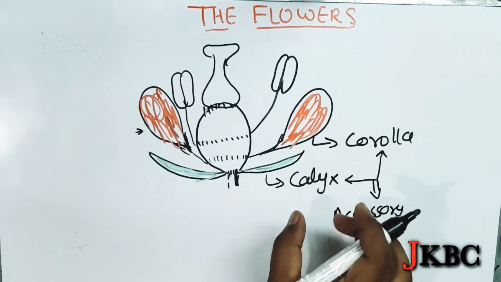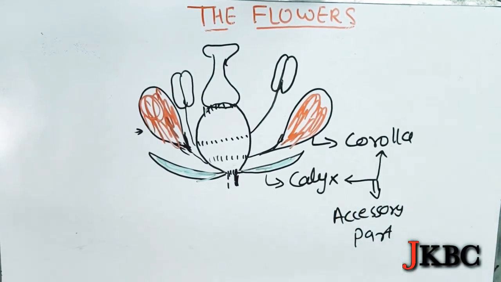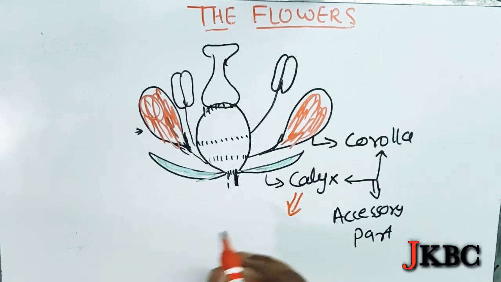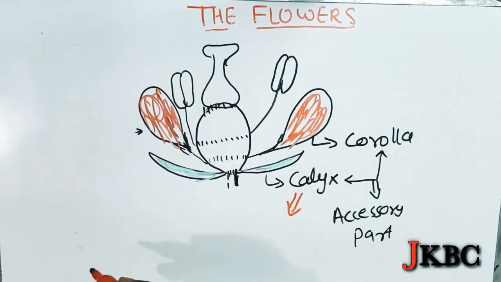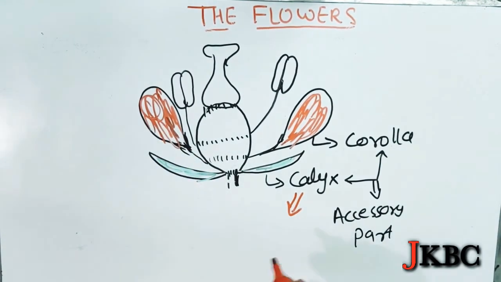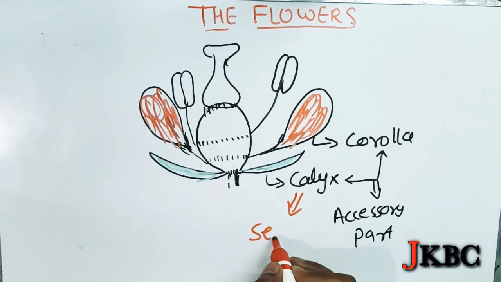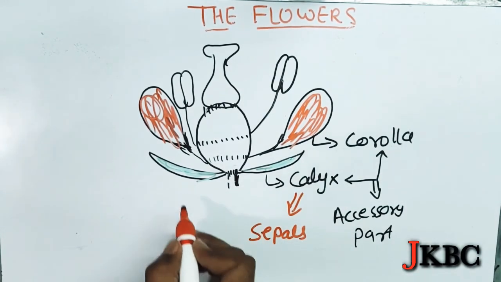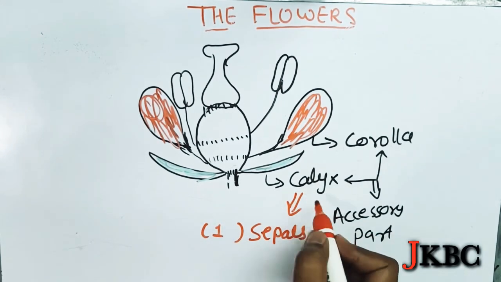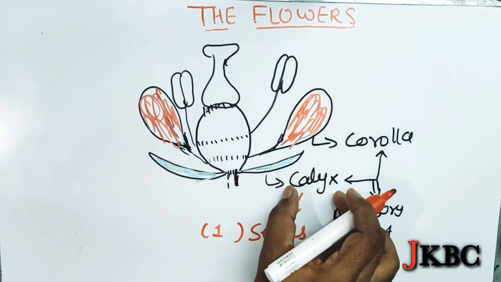Now we know that the unit of calyx is sepals. What do you understand by calyx? Calyx is basically multiple sepals come together. A single one is called a sepal, basically the one. Multiple, more than one together, is called calyx.